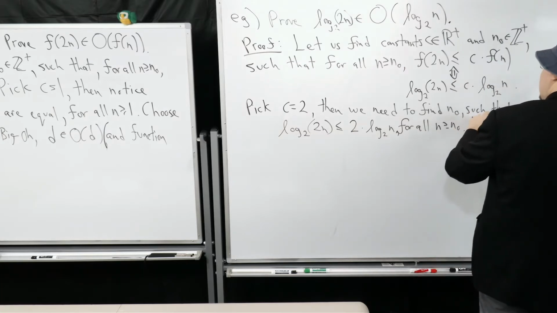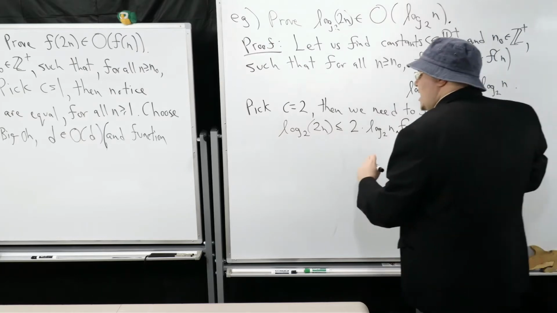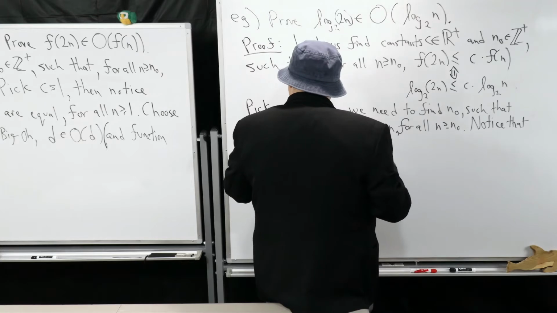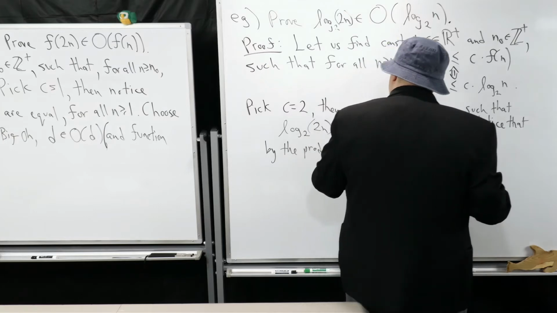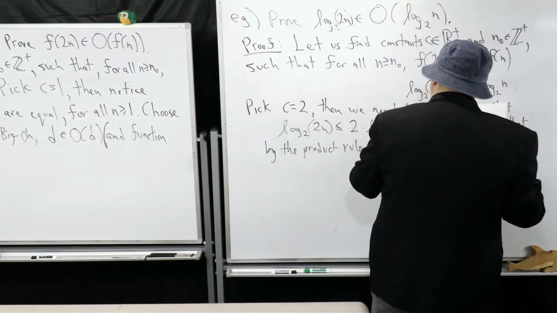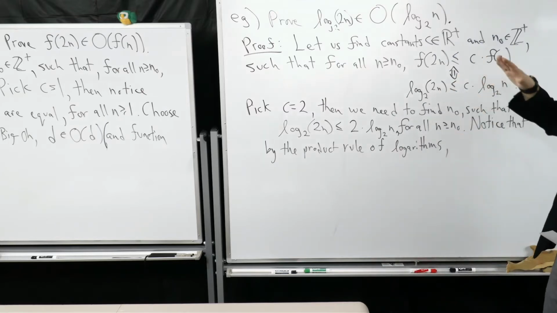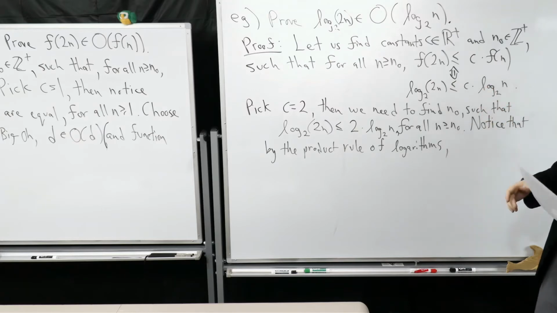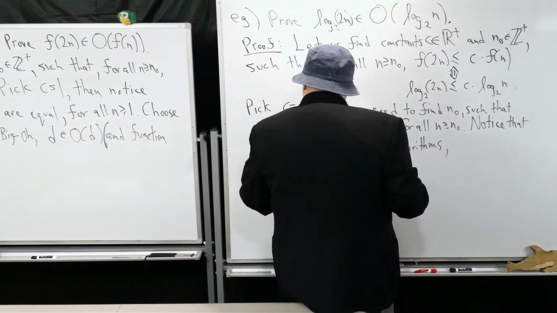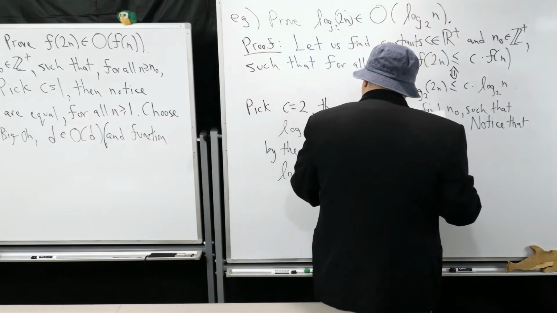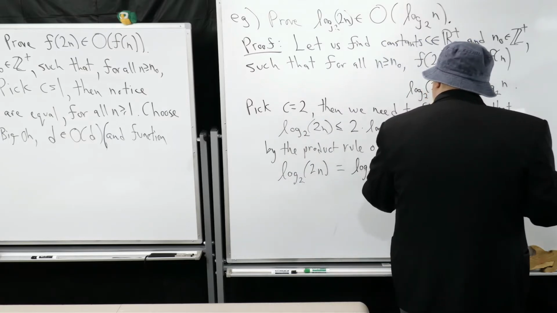Now here's where I'm going to make my big observation. Notice that by the product rule of logarithms, I can rewrite a product inside of a logarithm as the sum of two logarithmic terms. You'll see what I mean in a moment. Log base 2 of 2n is going to be equal to log base 2 of 2 plus log base 2 of n.